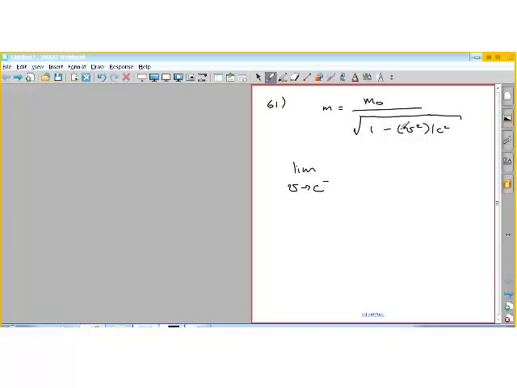So this becomes a very small number, and you take the square root, and it's still a very small number, and therefore you're dividing by a very small number, and m0 is the mass when it's at rest, so the mass approaches infinity. So that's basically what it says. So the limit of the mass as the velocity approaches the speed of light from below the speed of light equals infinity.